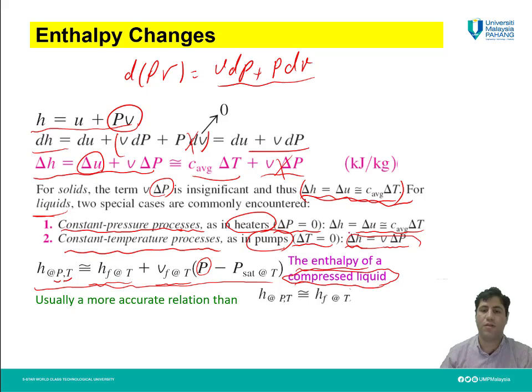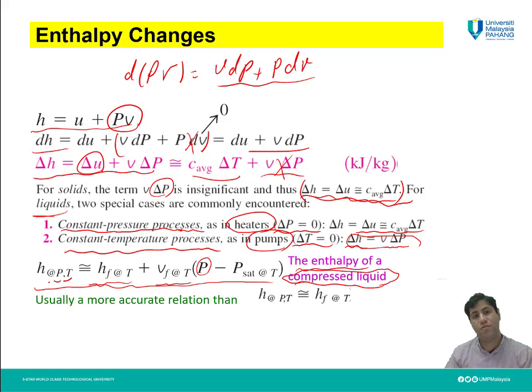Then we can put values in this equation and calculate delta H for that liquid. So this is the general equation to find enthalpy of a compressed liquid.